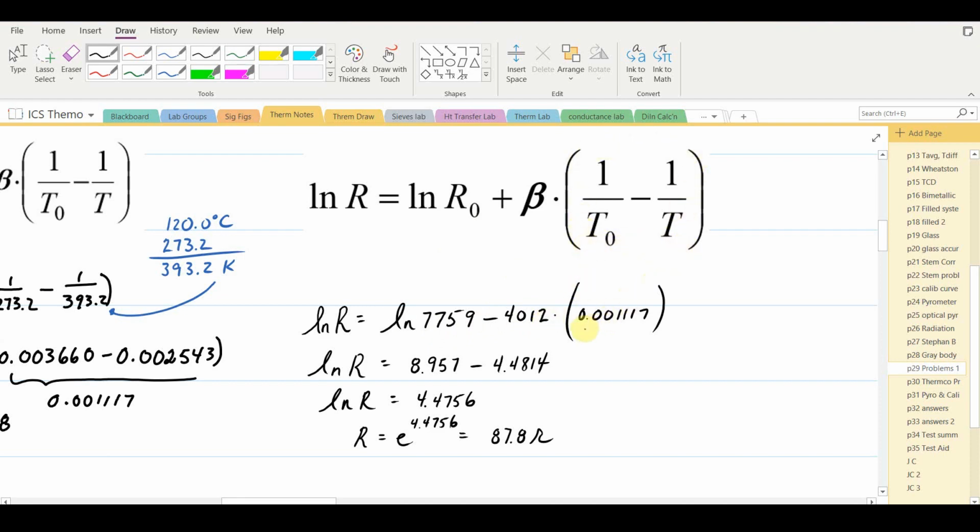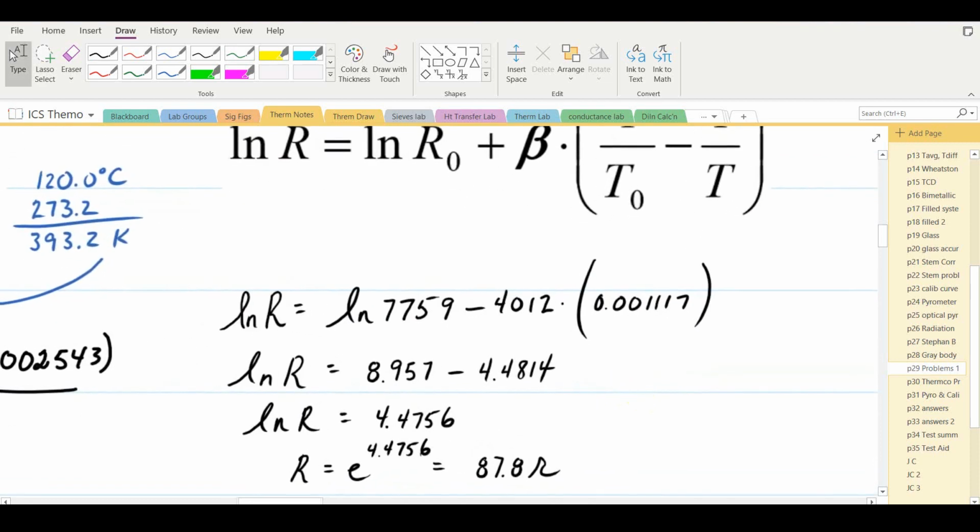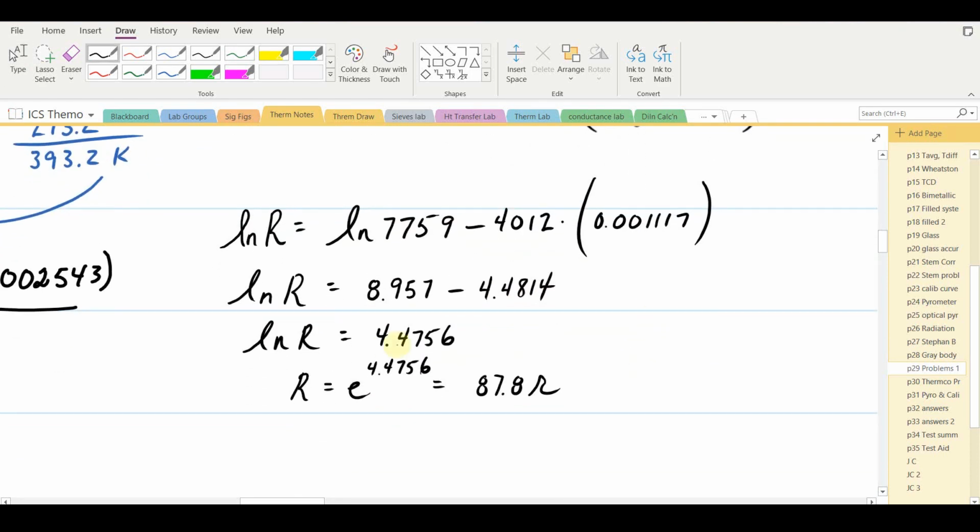I'll just give you the value. It's 0.001117. The ln of 7759 is 8.957 minus this term becomes 4.4814. The difference is 4.4756, the anti-ln of which is 87.8 ohms. So they both work just fine.